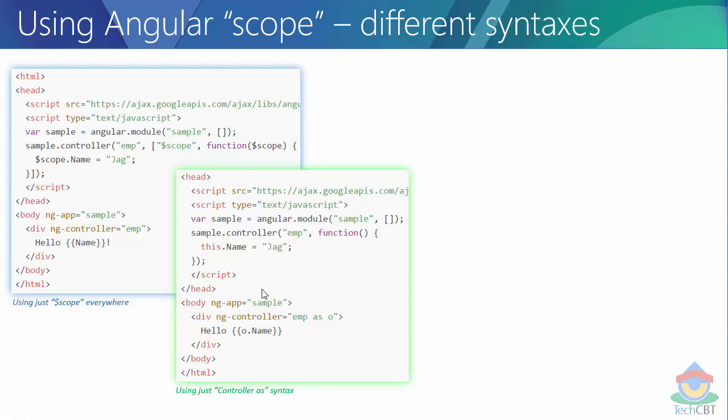In my previous video, I was explaining the controller, and you can see I'm using ng-controller EMP, which is nothing but this guy, as O. So what is this O? In my previous video I explained O is an instance of the controller, and all those properties whatever you assign to that controller instance will be made available to the view.